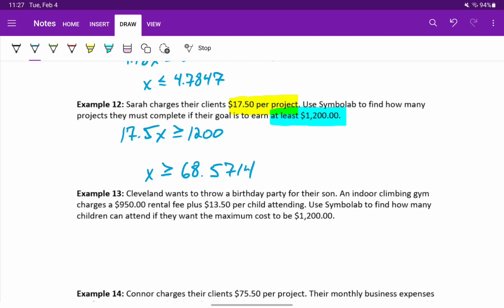Since x has to be something greater than or equal to that, we have to round up to the nearest practical value, which means that she needs to complete, or they need to complete, at least 69 projects to hit that target goal.